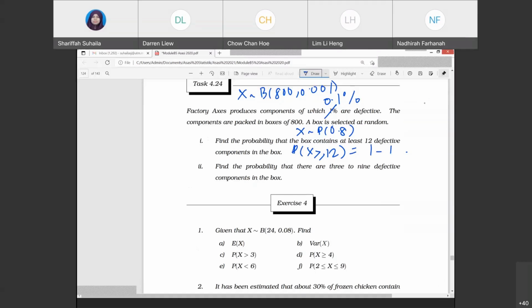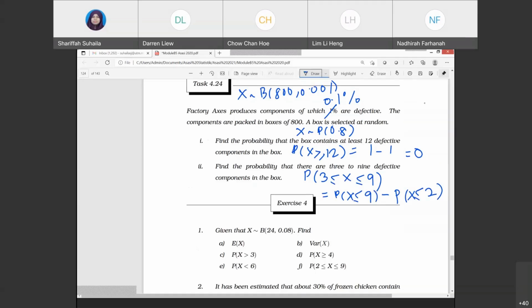Okay. Second one, find the probability that there are 3 to 9 defective components in the box. So that's mean probability 3 less or equals to X less than equals to 9. So that's mean 3, 4, 5, 6, 7, 8 up to 9. So probability X less than equals to 9 minus X less than or equals to 2.